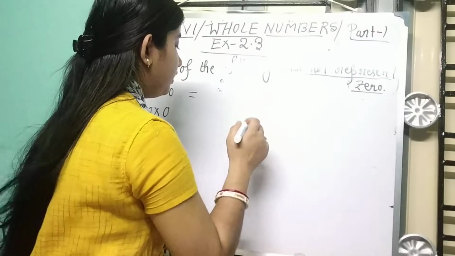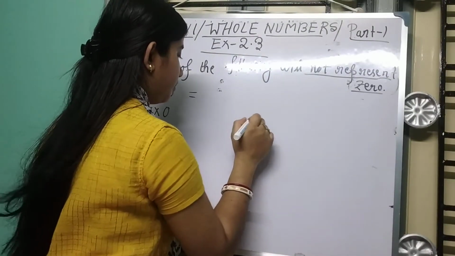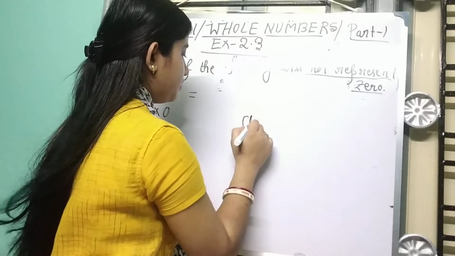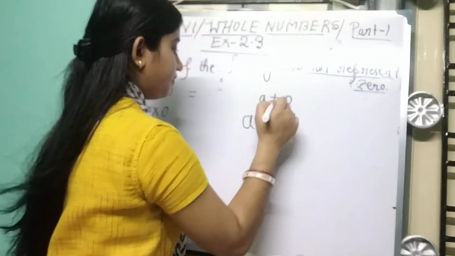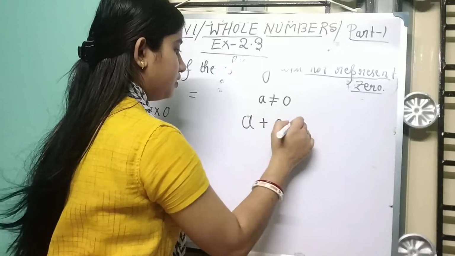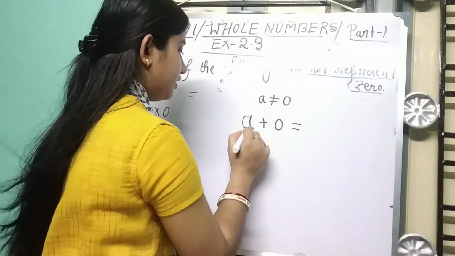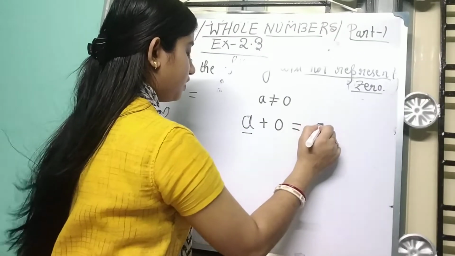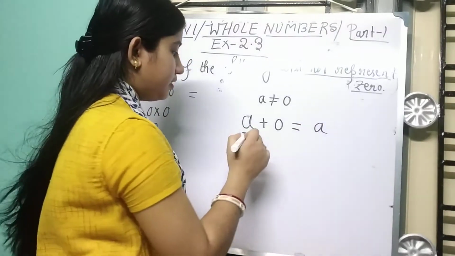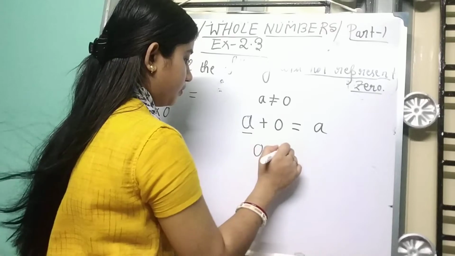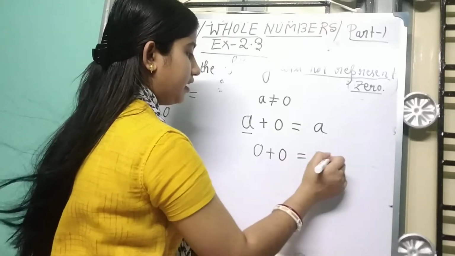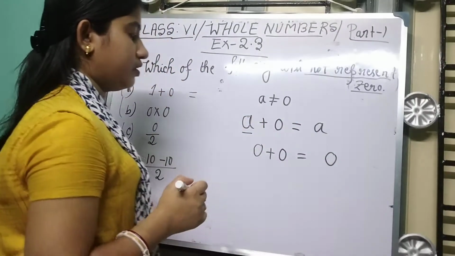Now, we already know that any number, suppose A not equal to 0, plus 0, we get this number A. Now, if A equals 0, that means 0 plus 0, then we get 0.